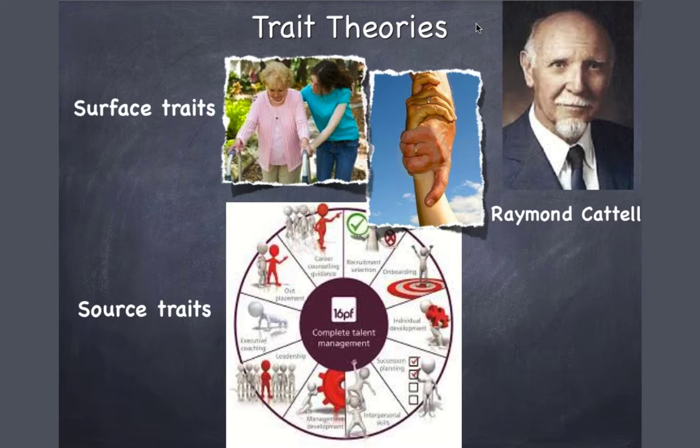Source traits, on the other hand, were deeper, more general, underlying personality factors. He considered there to be 23 source traits found in normal individuals, and studied 16 of them via the 16 Personality Factor Questionnaire. The amount of source traits can vary between individuals, kind of like intelligence. And so we're seeing this theory get more refined.